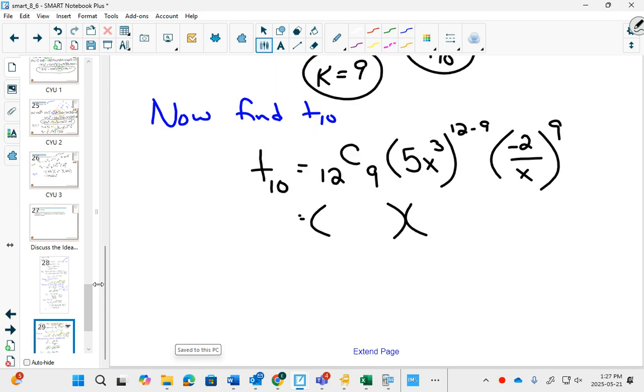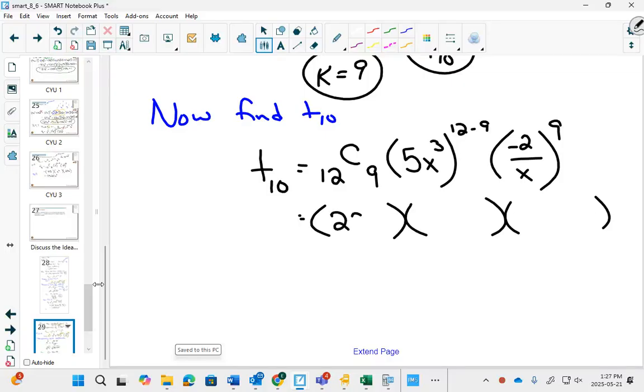Again, we'll put brackets for each of these. I'm going to simplify each one individually. I keep them in brackets to remind myself I have to multiply, especially with negatives there. Sometimes if you forget the bracket, all of a sudden you think you need to subtract.